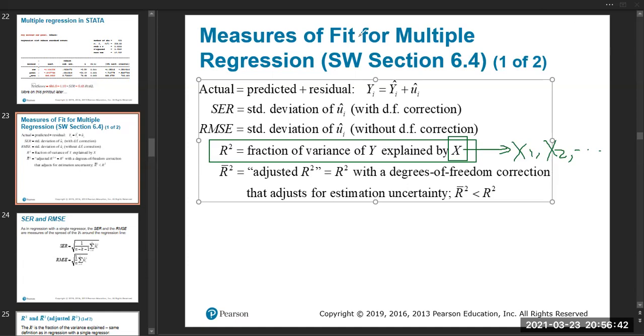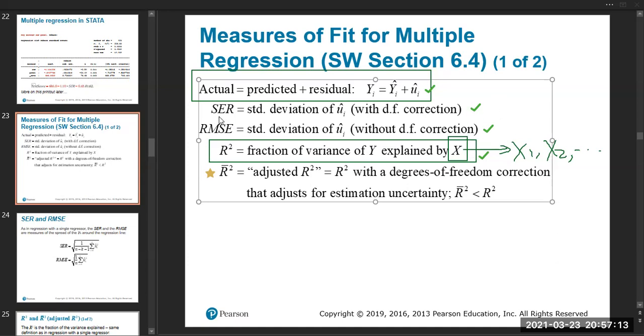So what is new? This one is not new: actual equals predicted plus residual. R squared is not new. Adjusted R squared is new. SER and RMSE are not new, but not really required because we rarely use them.